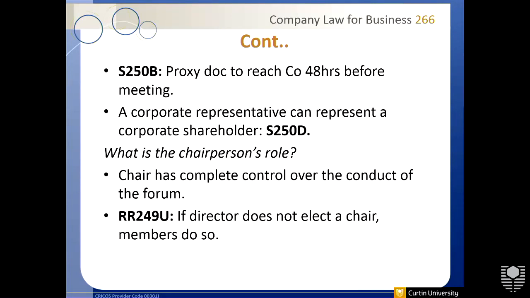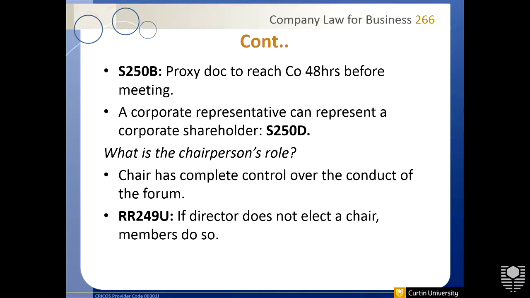What is the chairperson's role? He controls the conduct of the meeting or the forum, and Section 249U, again a replaceable rule, tells us that the directors have the right to appoint a chairperson.